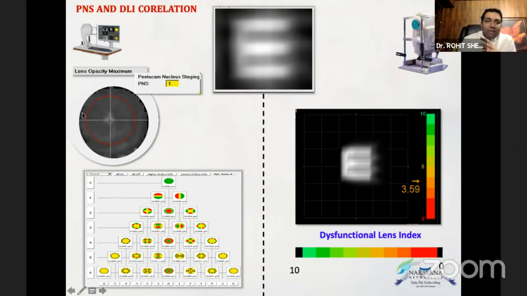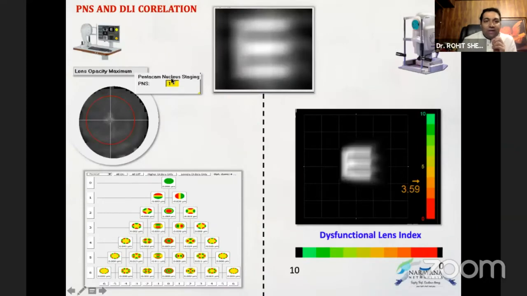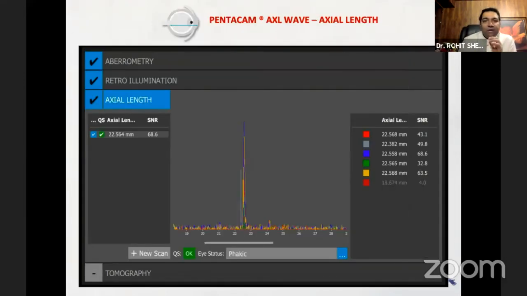But here we have something called the PNS, the Pentacam nucleus staging, and this looks at the aberrations or the densitometry changes, which can be used in our practice. And this is 0, and you can see that this is the densitometry 1, which is already there. Retro illumination, especially when you're doing premium lenses, lets you look at how your lens is centered to the center of your pupil or your Purkinje image there.